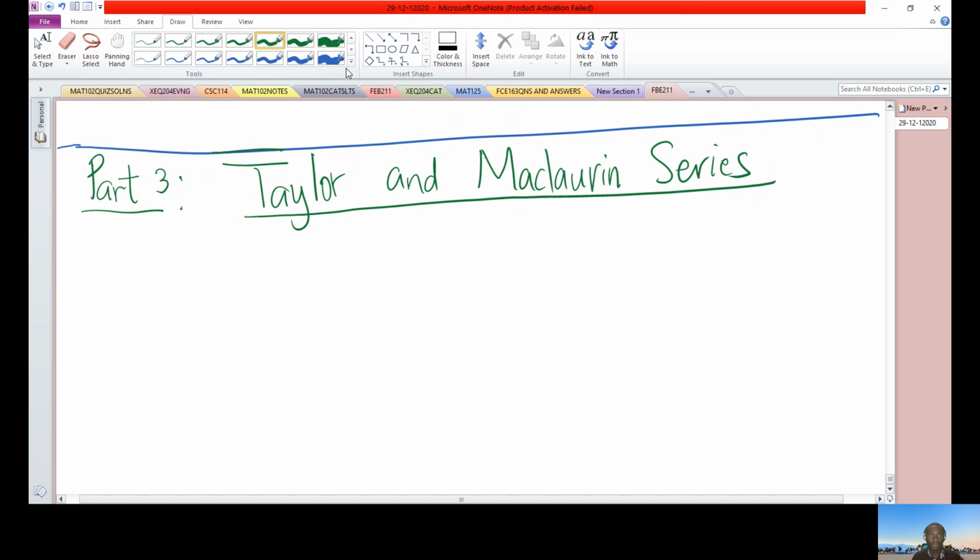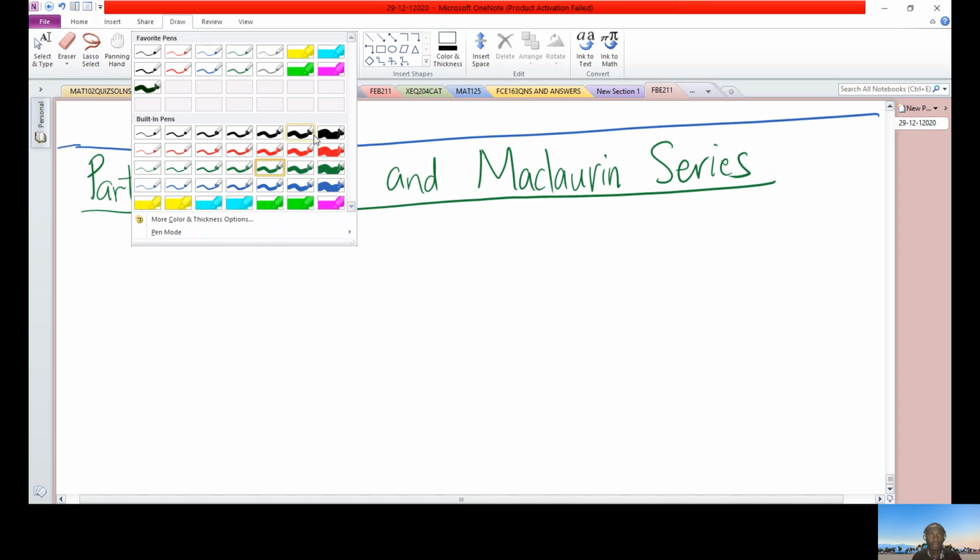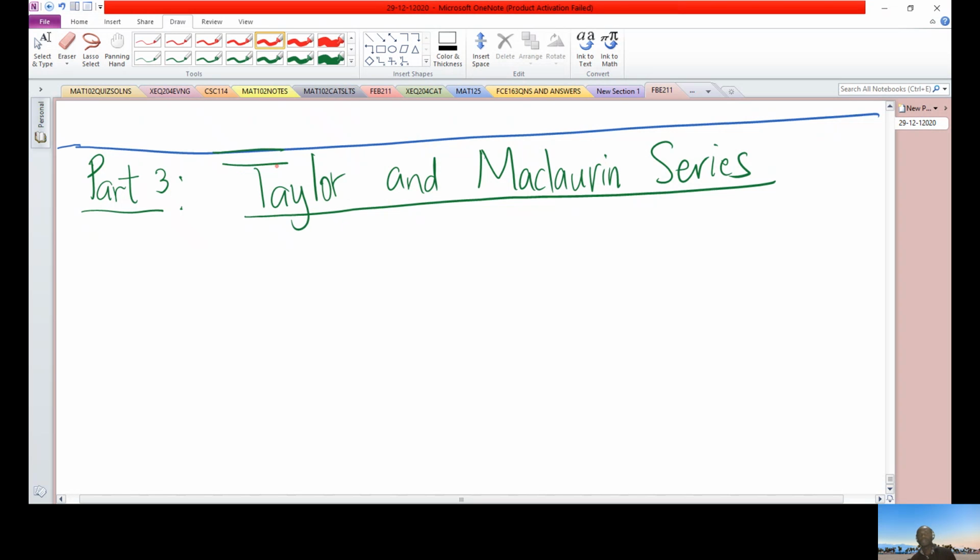So as from the preceding exercises that we have been solving, we have been trying to find the power series of functions in some restricted domains. So here we consider a general case.